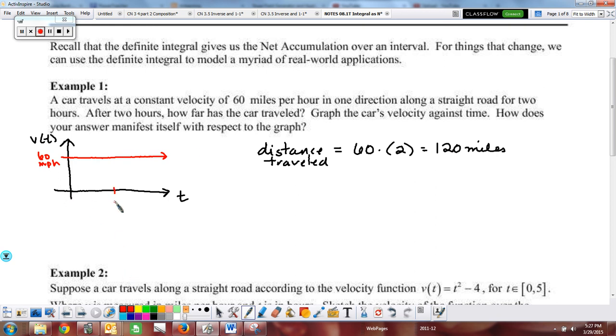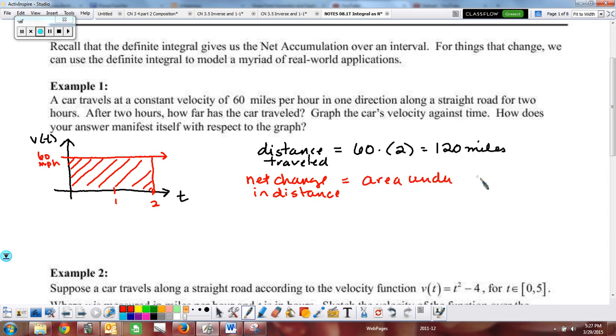If we go for 2 hours, and we calculate the area under the velocity curve, that area under the velocity curve is exactly the distance traveled. So our net change in distance is always going to be equal to the area under the velocity curve.